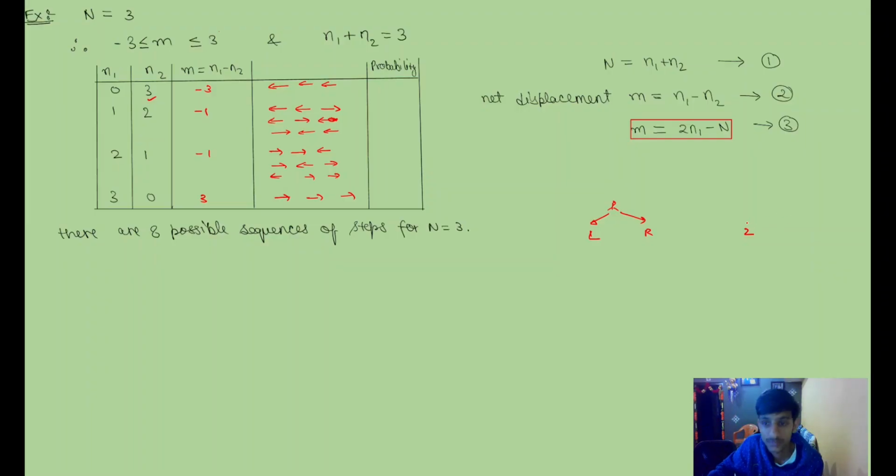The total number of steps he is taking is 3. So the number of possible sequences of steps in which he can reach a point will be 2 raised to power 3, that is 8. So you can do this for any kind of problem where you can take 2 raised to power n if you have two choices. Okay.